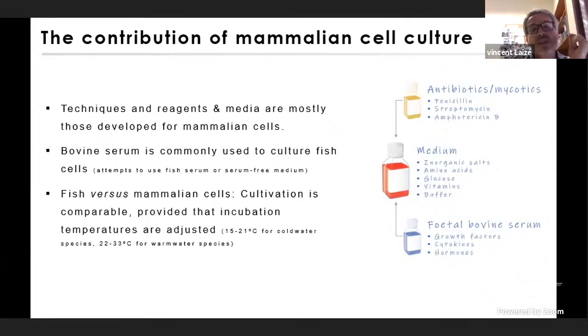On the contrary, fish cells, which are from cold-blooded animals, can grow in a wide range of temperatures. For cold water species, it's usually between 15 and 21 degrees, while for warm water species, like the zebrafish, which is a tropical fish that grows at 28 degrees, we can have a range of temperature from 22 to 33.